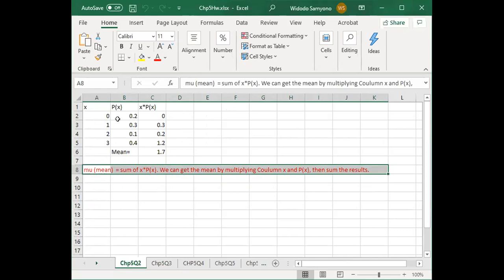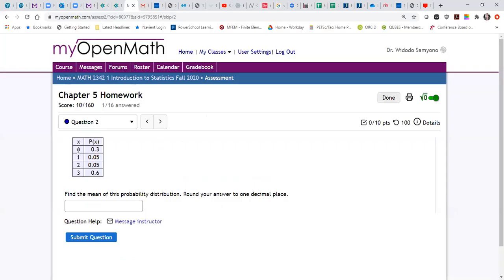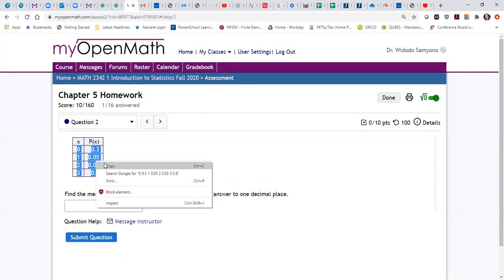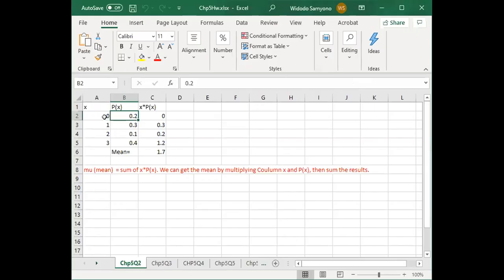The number in the problem, this one, is equal to 0. You can copy paste this number; otherwise you just need to put it in manually.